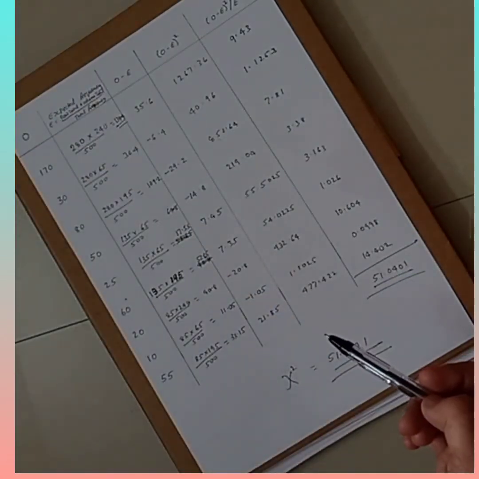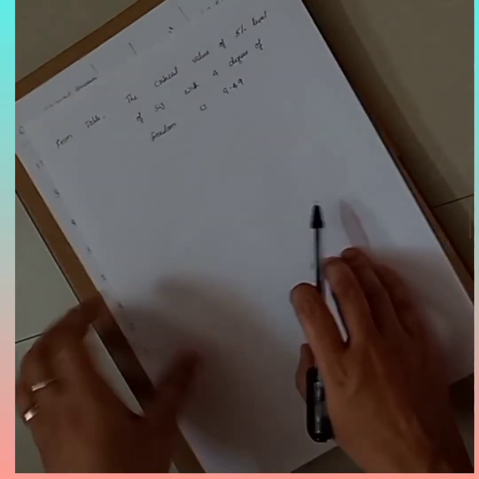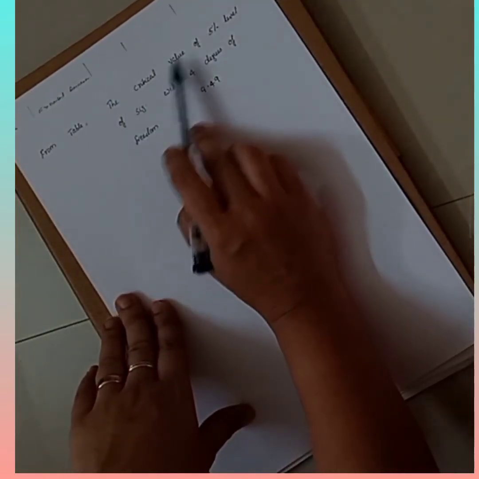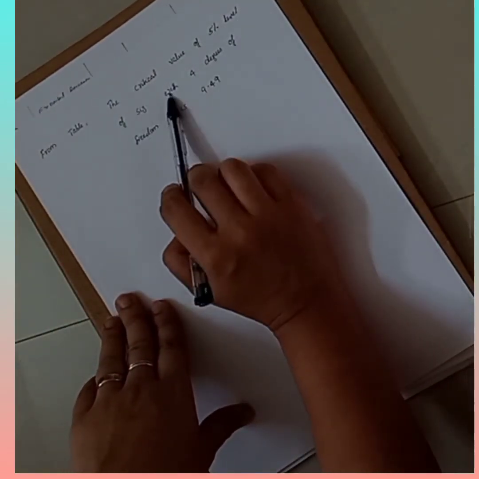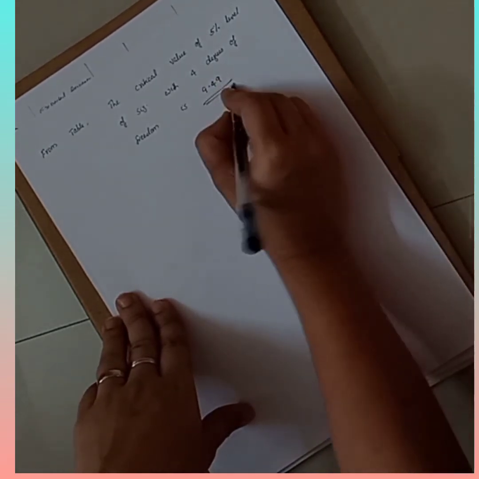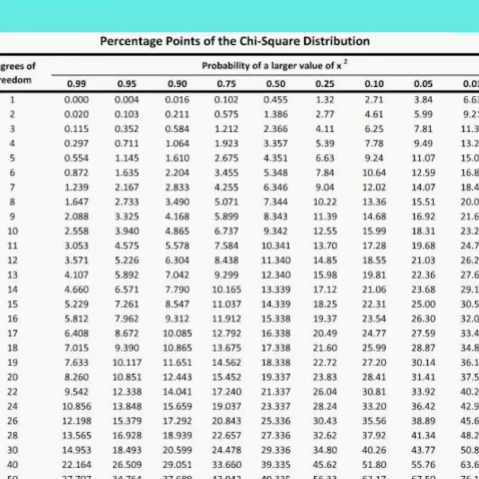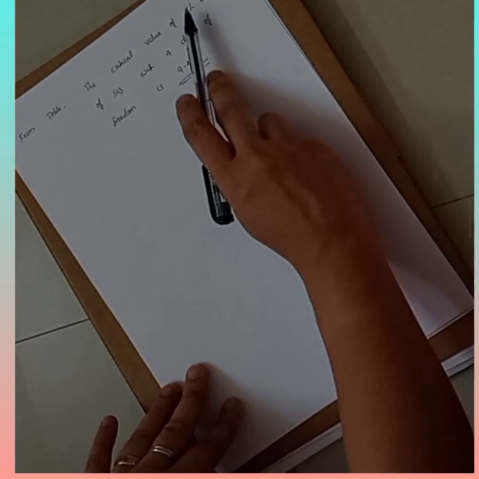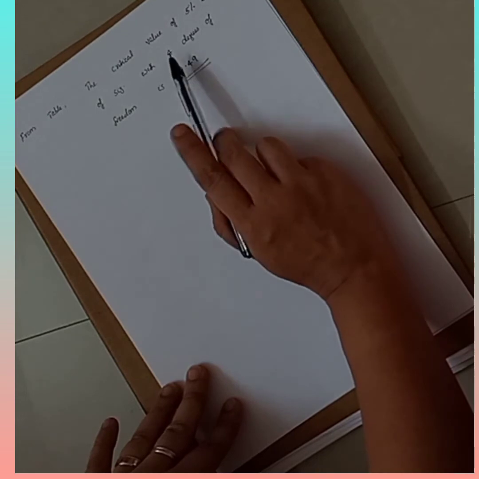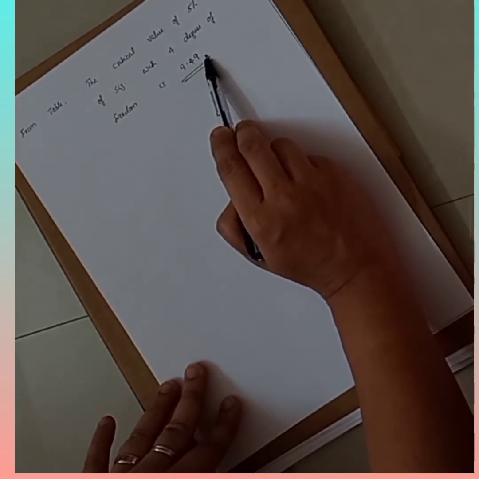So for 4 degrees of freedom at 5% level of significance, from the table we can see that the critical value is 9.49. You can see the chi-squared table at the back of the logarithm table.